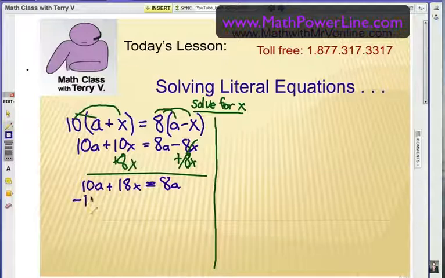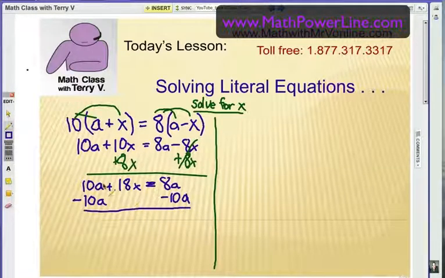All right. Now, obviously, if we want the x term on the left, let's get rid of this 10a that's over there by subtracting it. I'm going to line up my like terms because I have an a term and an a term, and it's just a good way to stay organized here. So those will cancel out, and now I have 18x equals negative 2a.